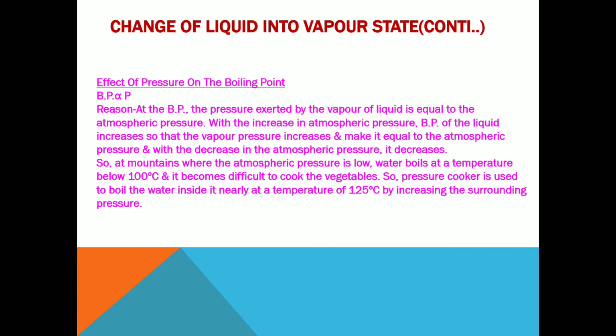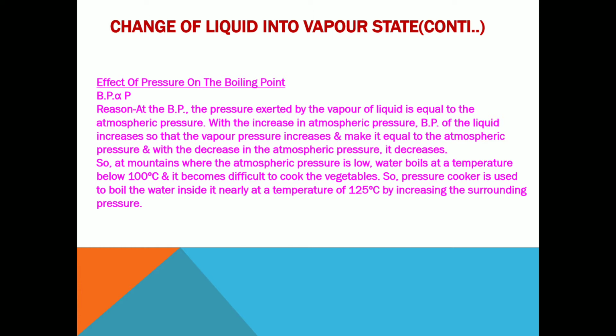With the increase in atmospheric pressure, the boiling point of the liquid also increases, and the vapor pressure increases, which makes it equal to the atmospheric pressure. And with the decrease in atmospheric pressure, it decreases.